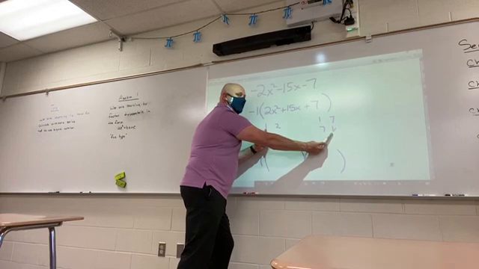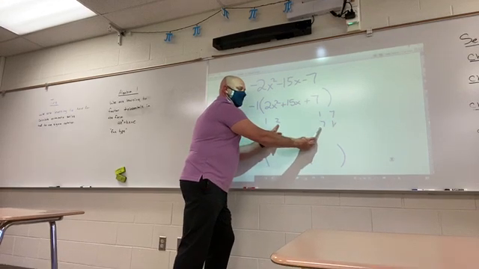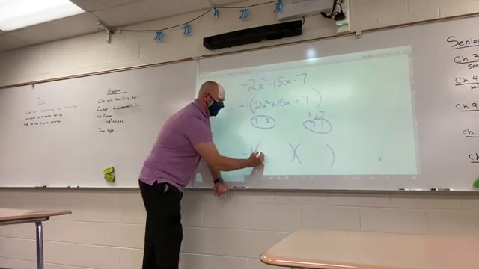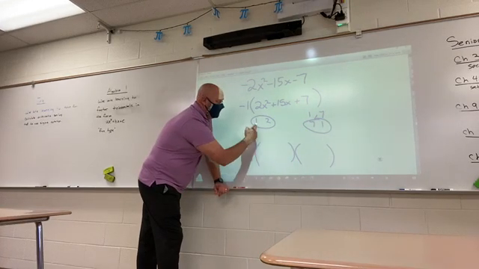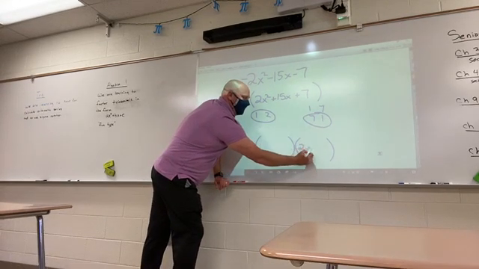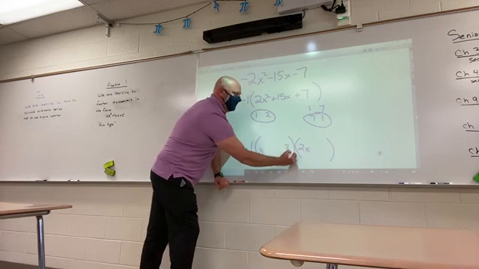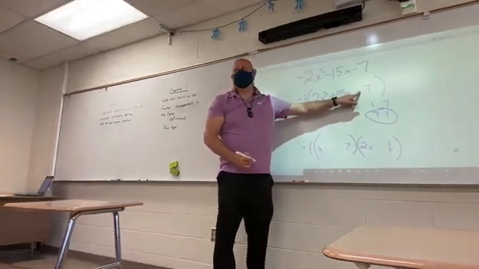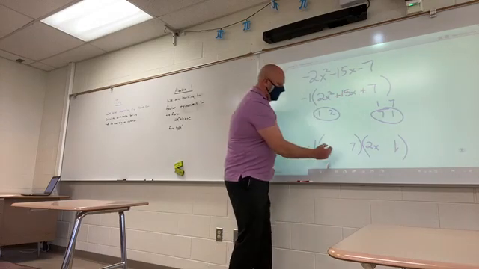Outsides give me 1. Insides give me 14. That works, doesn't it? So, what goes here? 1x, 2x. What goes here? 7 and 1. My signs have to be the same. They're both positive.